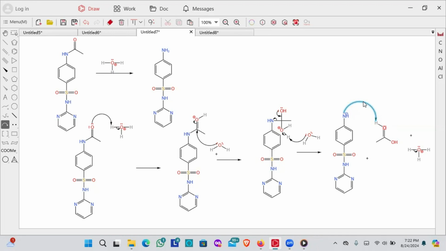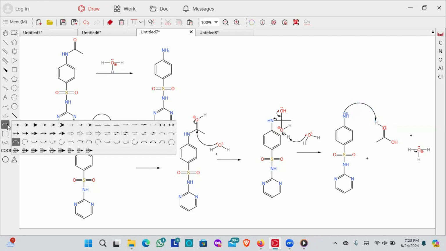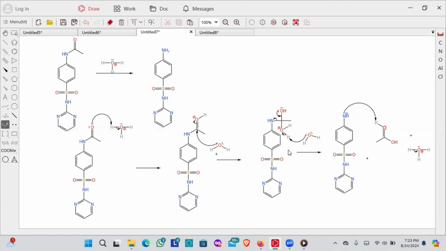So yes, the nitrogen here is going to grab the hydrogen, which then the covalent bond is going to break, sending the electron pairs on the oxygen atom.